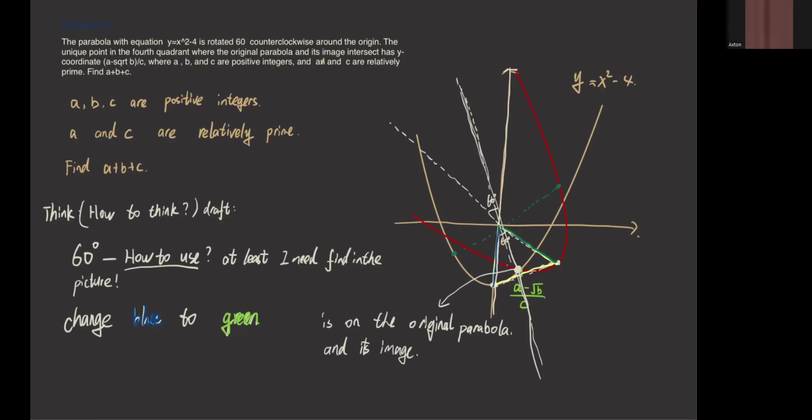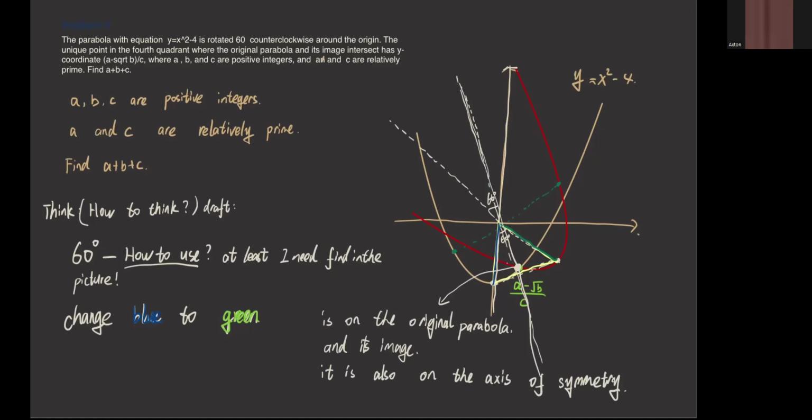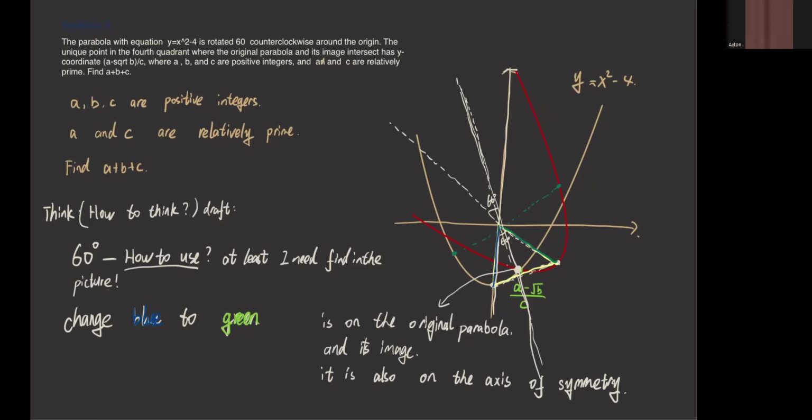In the meantime, it is also on the axis of symmetry. If you have this analyzed, it is easy to see. If I want to find this point, I need this line, right? This line I can see because this is a very special triangle, they are equal.